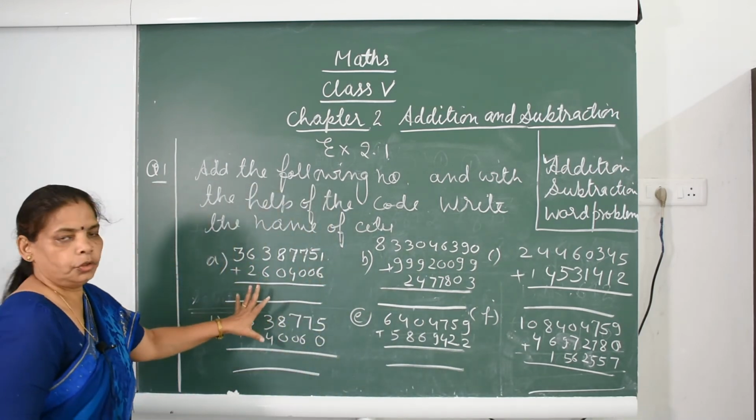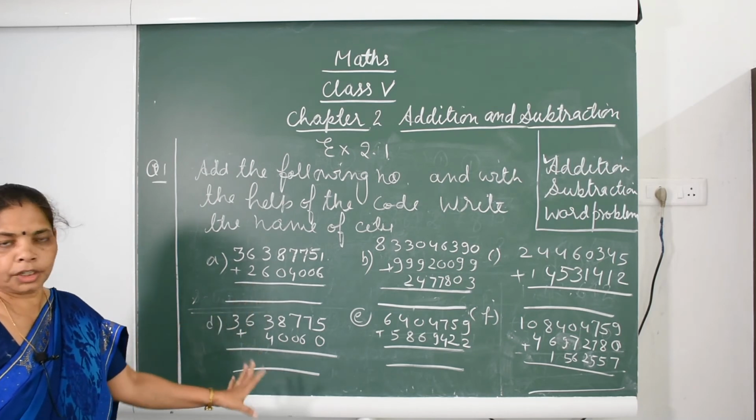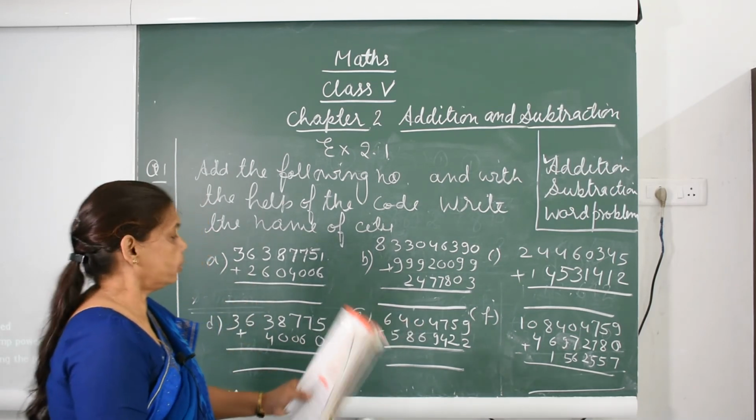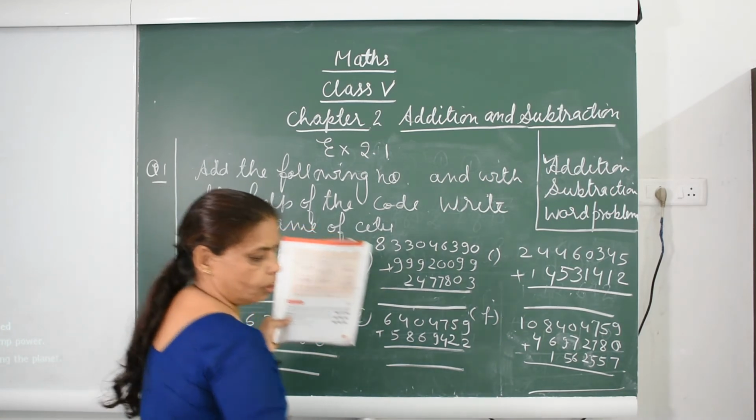Children, you do all these sums which I have already explained how to do the addition, you all know. Now compare the answer of this addition. A answer comes, we write here.